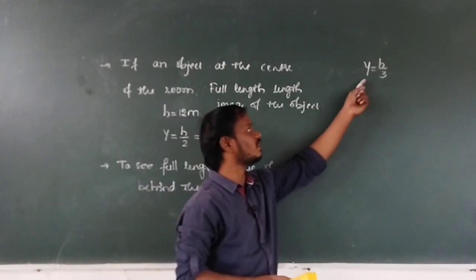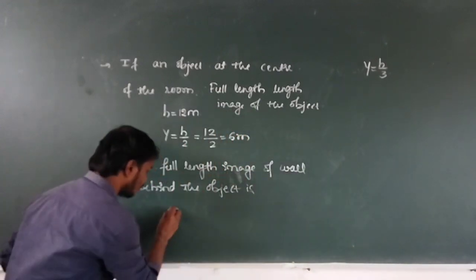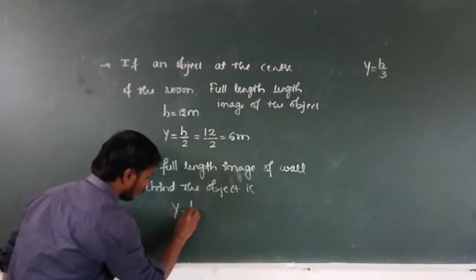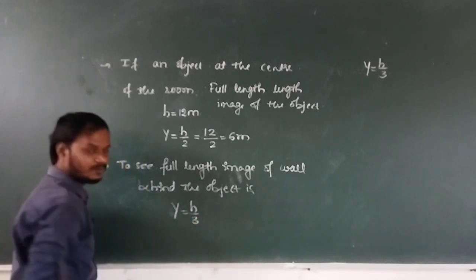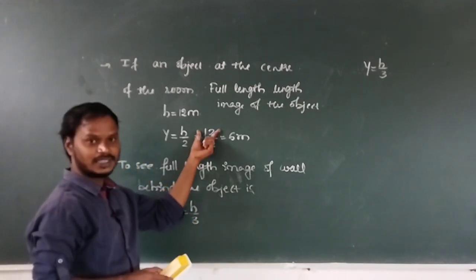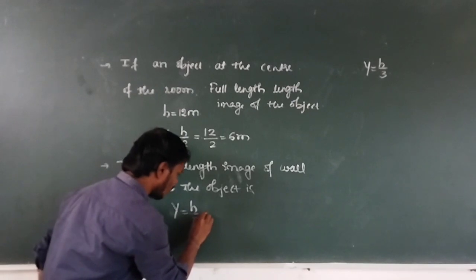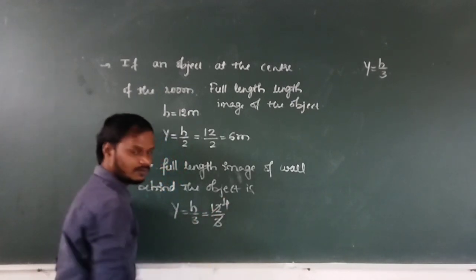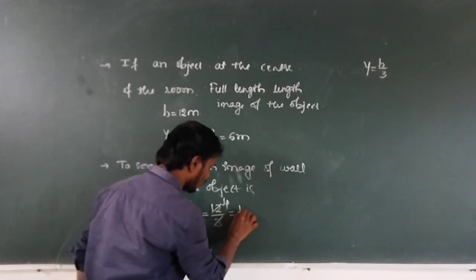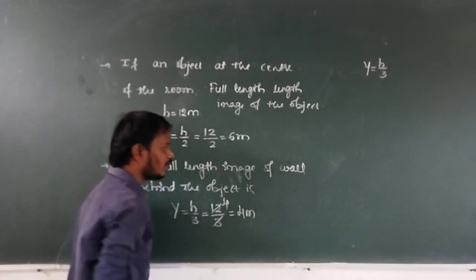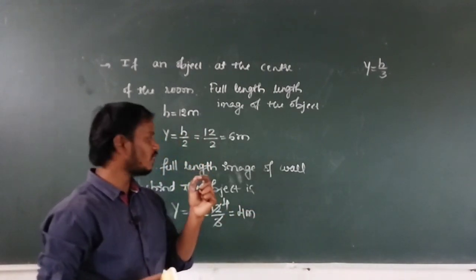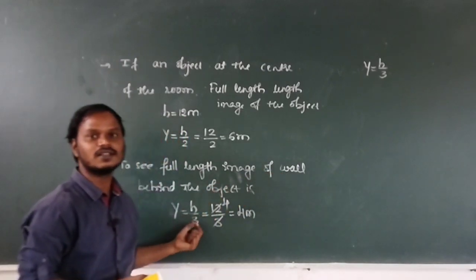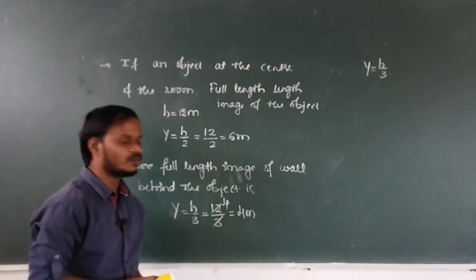That is y is equal to h by 3. So what is the height of the object given? Height of the object given is 12 meter. Then 12 by 3, 3 4s are 12. That means 4 meter. So the minimum length of the plane mirror required to see the full length image of the wall behind the object is 4 meter.